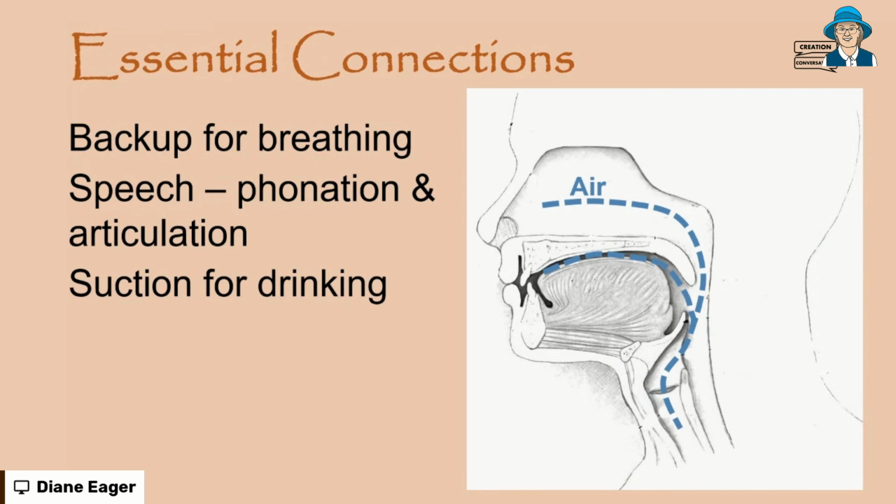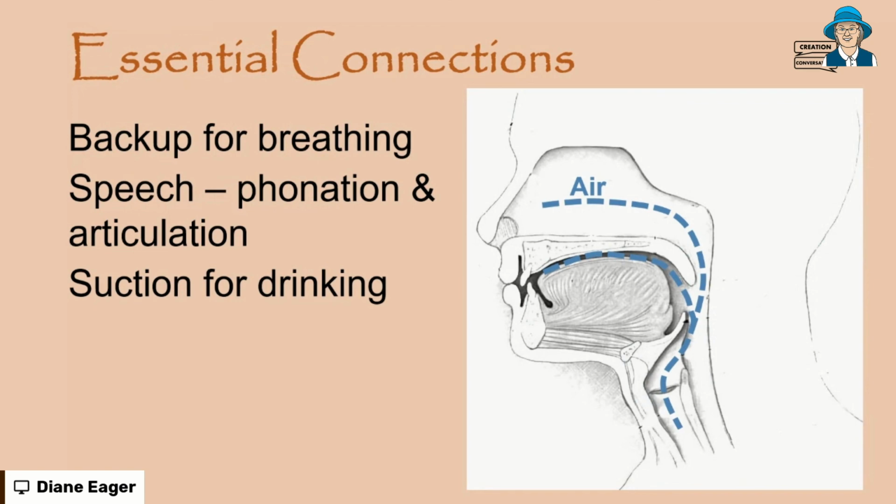So it is important that air which is coming back up from the lungs when you speak goes into the mouth. So we need that connection. It's absolutely essential for speech, which is an essential human function. That's one of the things that really sets us off from the animals and enables us to communicate with one another and with God.